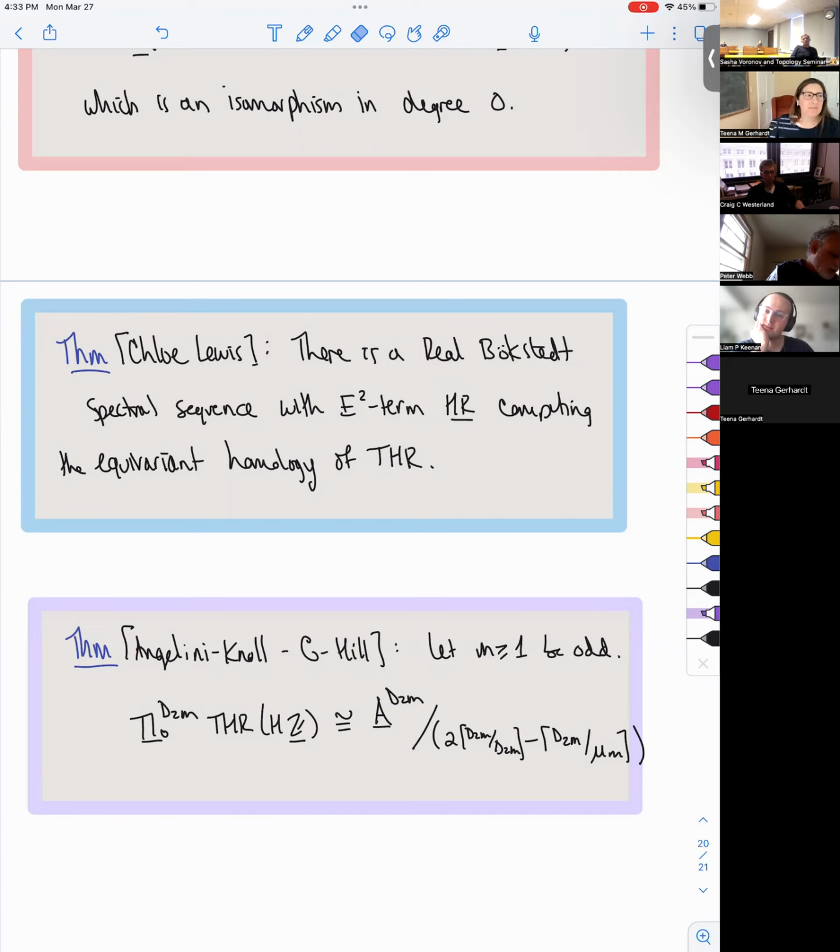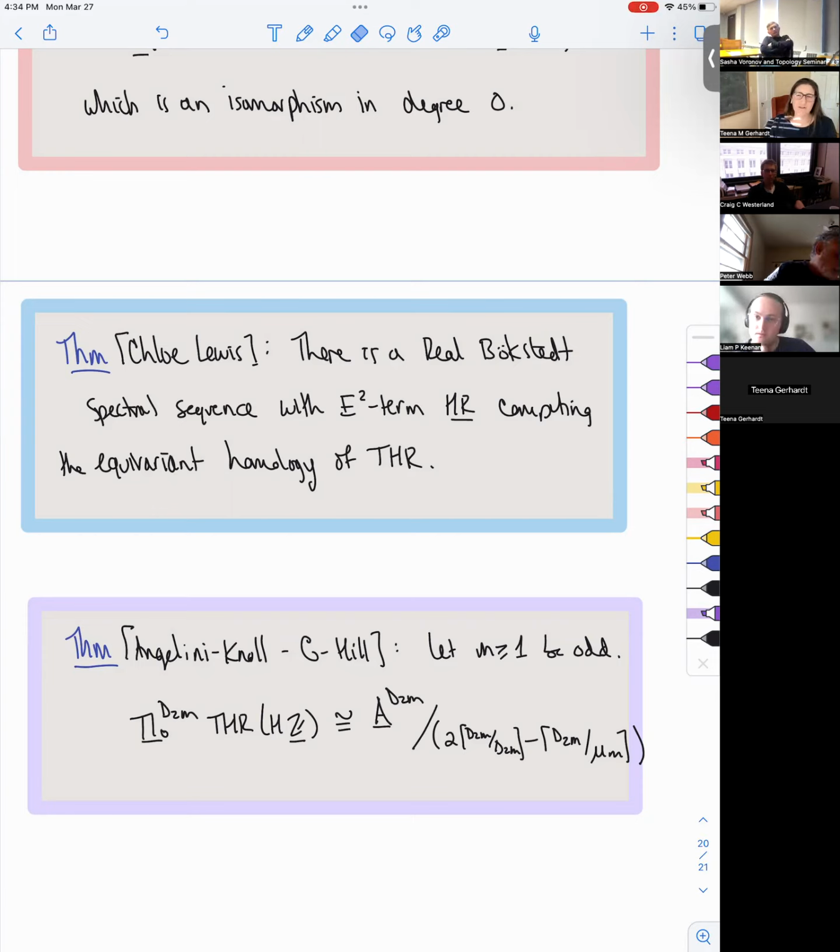My answer is sort of, I'm not sure, but one thing I could say is that part of the project that I haven't talked about in this talk is that this also gives you a way of talking about Witt vectors for rings with anti-involution. It's similar to the stuff about Witt vectors for green functors, where you can use this HR0 as a characterization of a theory of Witt vectors.